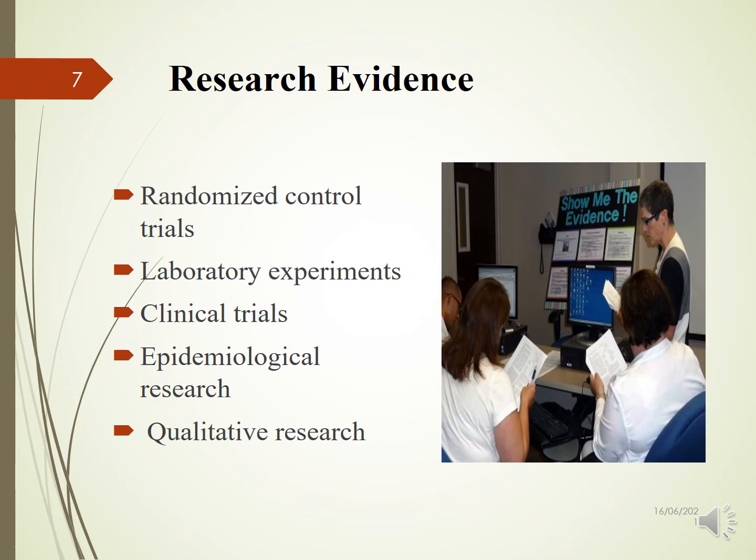Here we have randomized controlled trials, laboratory experiments, clinical trials, epidemiological research, and qualitative research. All these types of studies fall under research evidence, and the findings of such studies can be incorporated in nursing decision making.